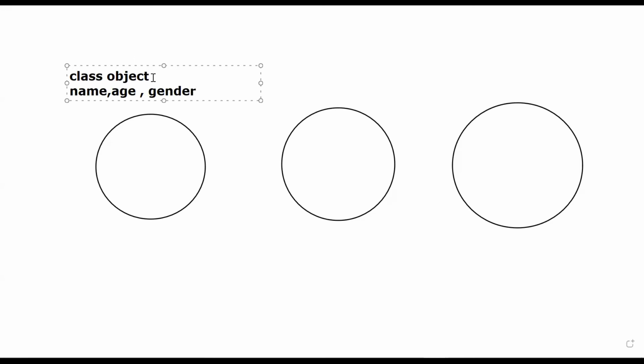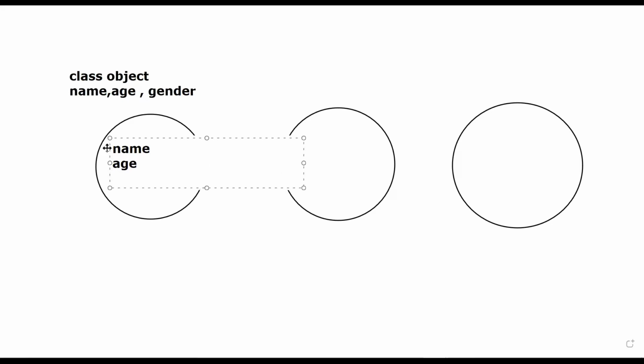Now, this is my base attribute, base architecture. But as I've told you, it's not like everyone will have the same name, same age or gender. So I'm creating 3 different memory areas because I want to declare age, name, gender for 3 different people. So here I will be using name, age, gender in my one memory area.